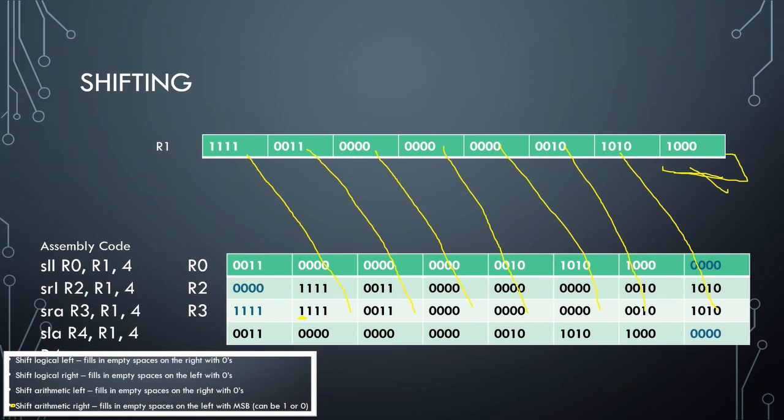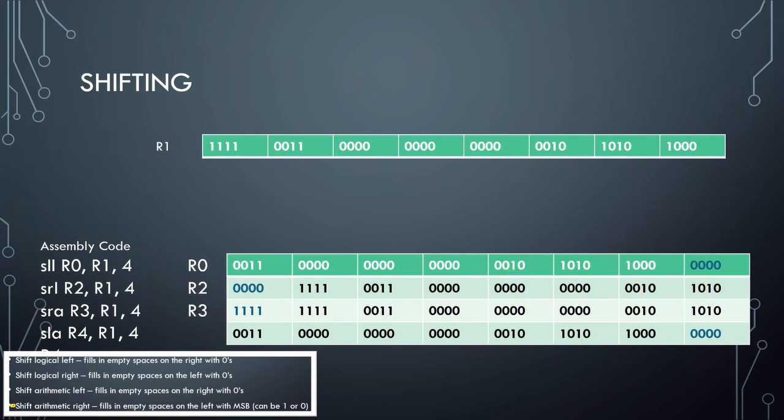All right, now we're on to shift arithmetic left. This is our last assembly code all the way on the end here. And so shifting arithmetic left, you'll notice these numbers down here in this entire bottom row actually match this top row.